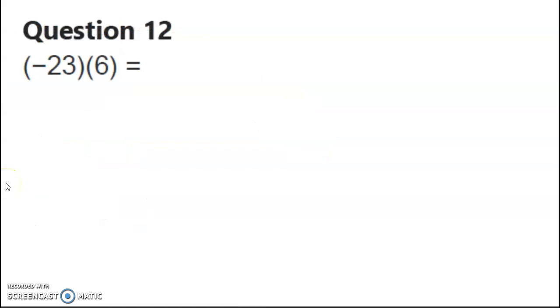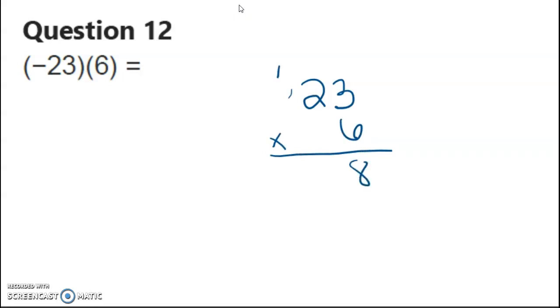Question number 12. This one's nice, only two numbers. -23 times +6. Let's go ahead and do this over here. I do not know that off the top of my head. 23 times 6. 6 times 3 is 18. 6 times 2 is 12, plus 1 more is 13.